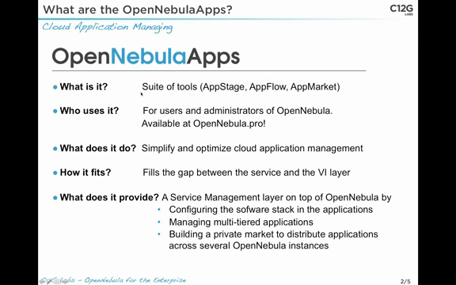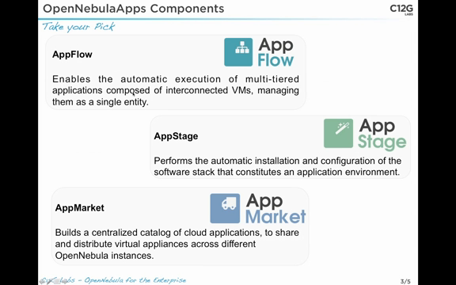Okay, so let's see these tools in a bit more detail. OpenNebula Apps is composed of Upflow, which basically enables the automatic execution of multi-tiered applications composed of interconnected VMs, managing them, and this is the important bit, as a single entity.